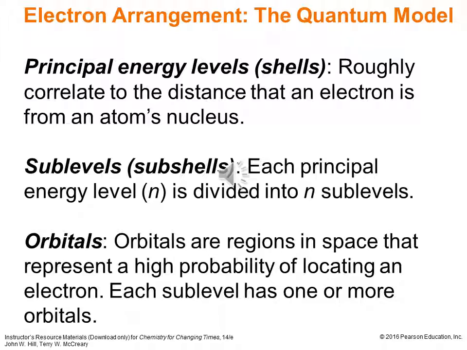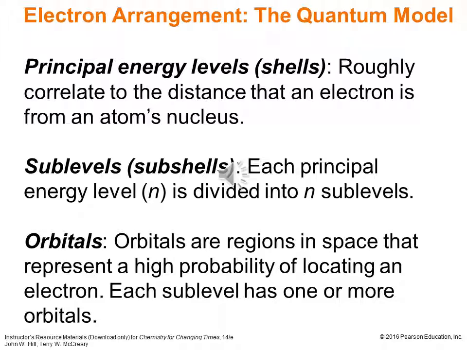If we look at sublevels, these were known as subshells in the Bohr model, and now in the quantum mechanical model, we have each principal energy level being divided into sublevels. So for instance, the hydrogen and helium atoms are in principal energy level number 1, so they'd have one type of sublevel, which we'll come to know as an s type orbital.